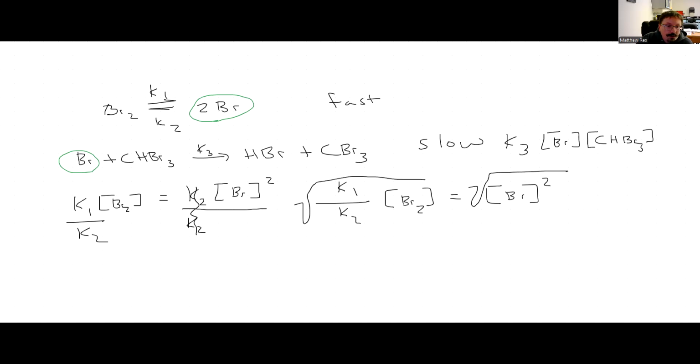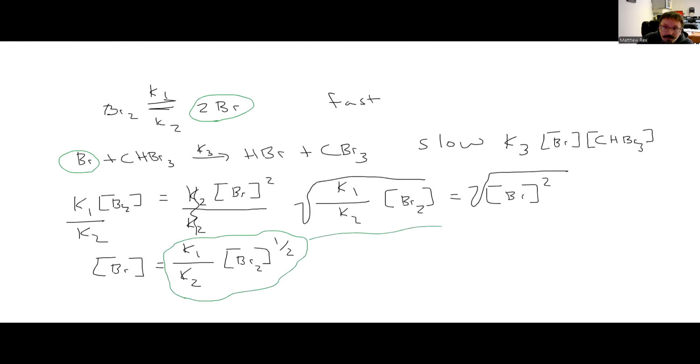So the concentration of Br by itself is equal to K1 to the 1/2, K2 to the 1/2, and the square root of the concentration of Br2, which we will just rewrite as being raised to the 1/2. I'm going to take this entire part, because that is equal to Br, and substitute that in for that right there.